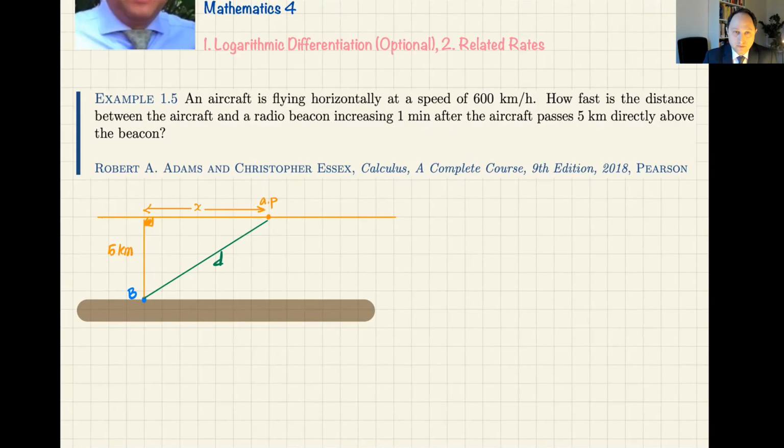We can find it using the Pythagorean theorem. Exactly, thank you. So what I do is that D squared is equal to what? 5 to the 2 plus x to the 2, okay? So then let me write it in this form. D squared is 25 plus x squared, okay?